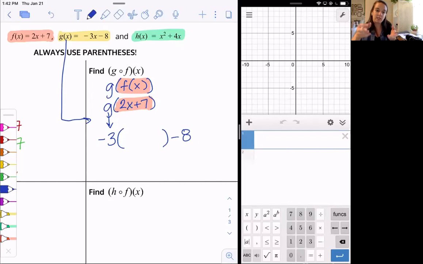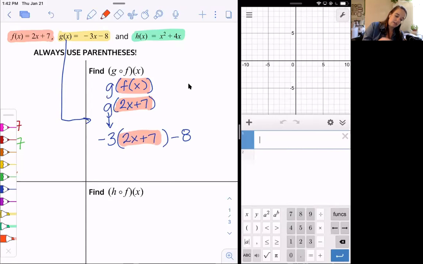So now I'm going to substitute in the 2x plus 7. I'm taking the 2x plus 7 and putting it into the hole that I made. So that's my first step, taking out the x, putting in the new function.